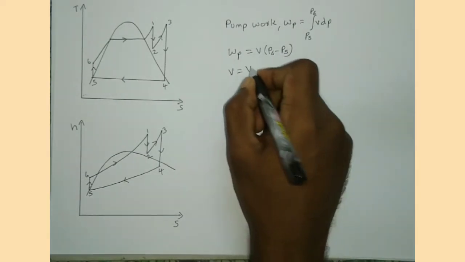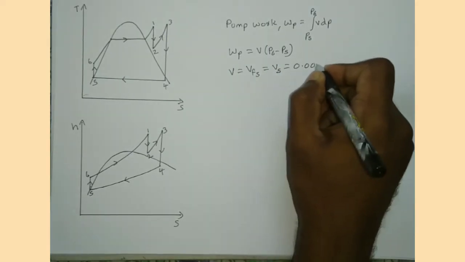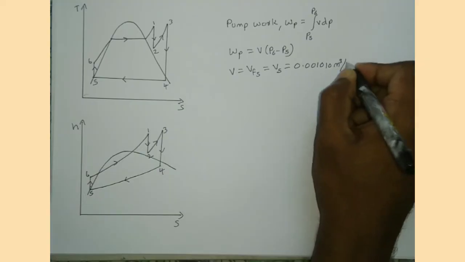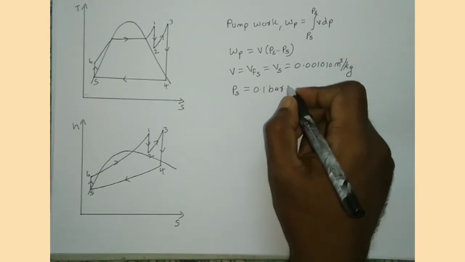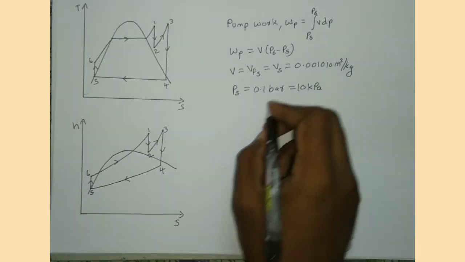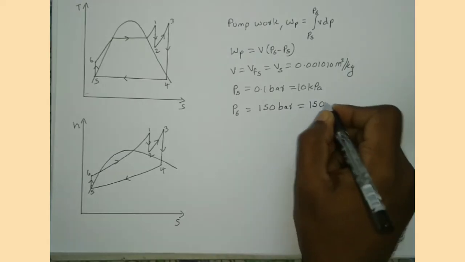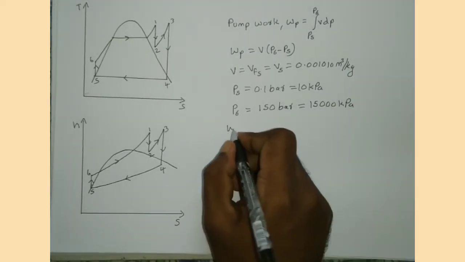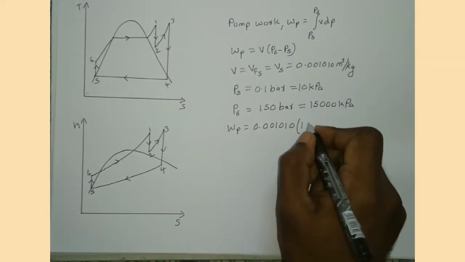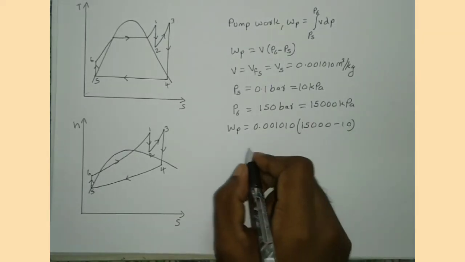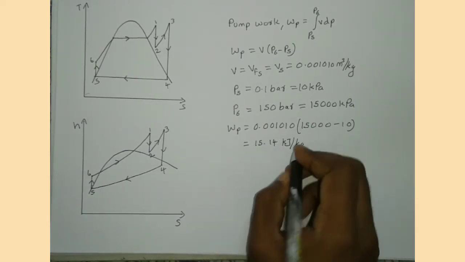V is equal to Vf5, that is V5, which is 0.001010 meter cube per kilogram, and pressure P5 equals 0.1 bar, that is 10 kilopascal, and pressure P6 equals 150 bar, which is 15,000 kilopascal. Now we can substitute the values, and after substituting we will get pump work as 15.14 kilojoule per kilogram.